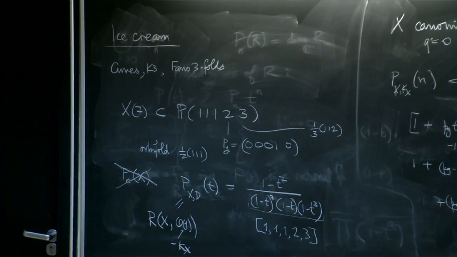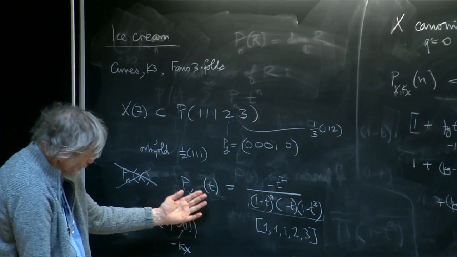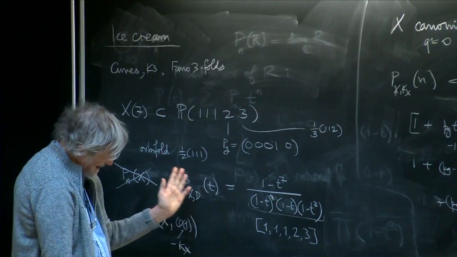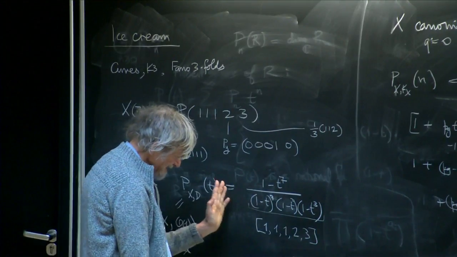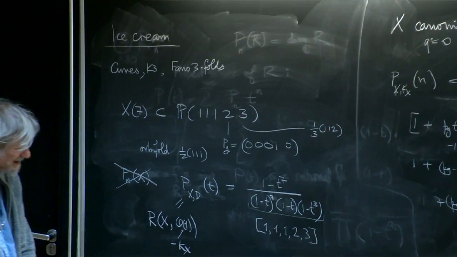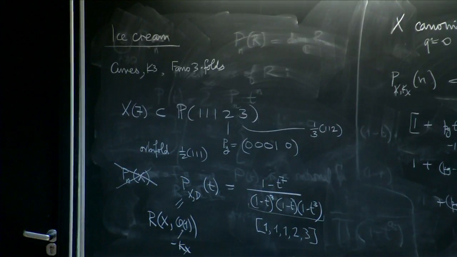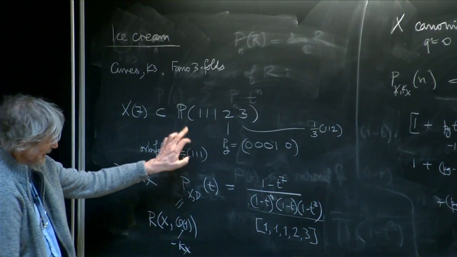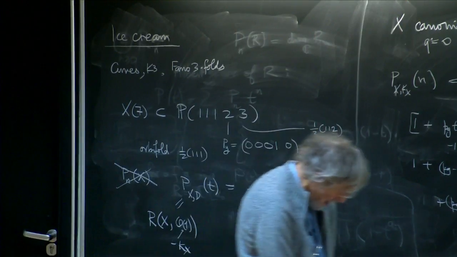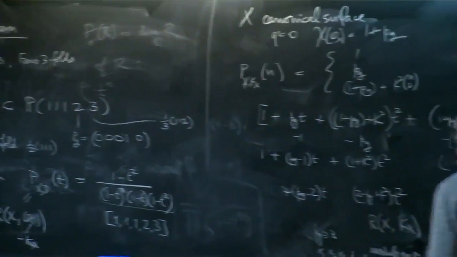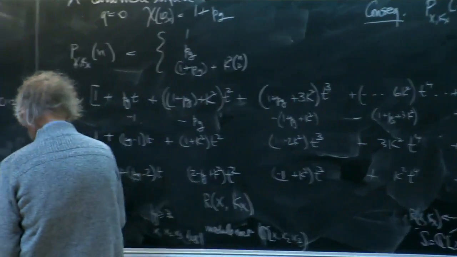This is a formula. Take this thing, either by hand or in computer algebra, write this out as a formal power series, and you'll get everything that you ever want to know about this ring. So that's not the question.